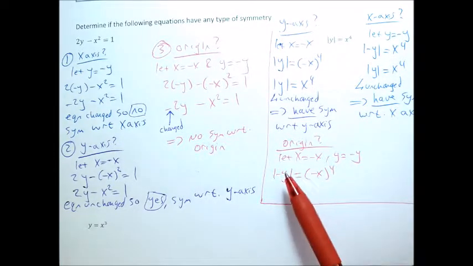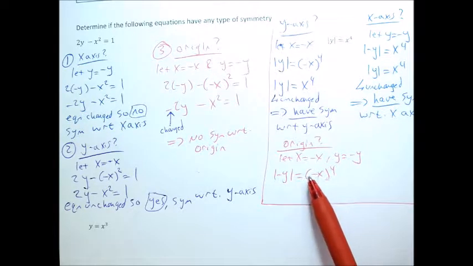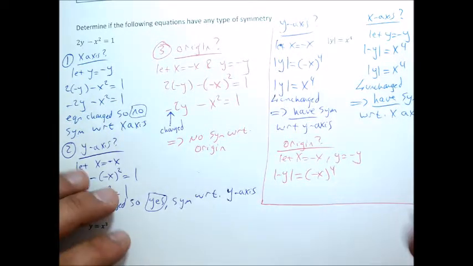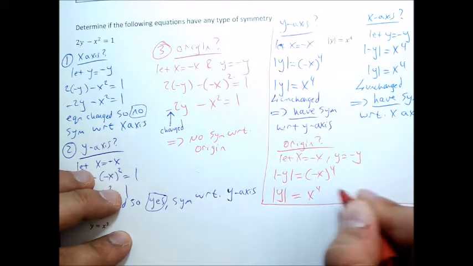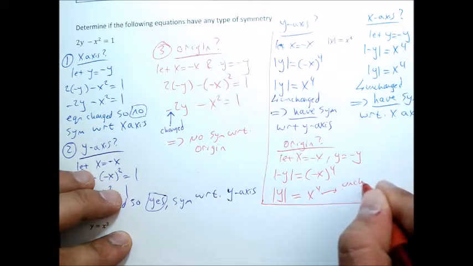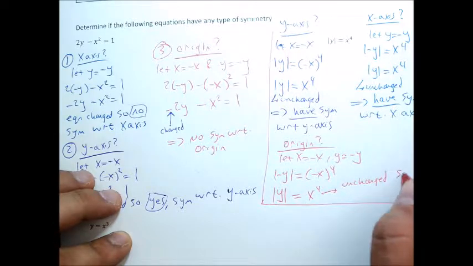Both those things happen together. Those both become positive, and we end up with absolute value of y equals x to the fourth. So unchanged. So symmetry with respect to origin as well.